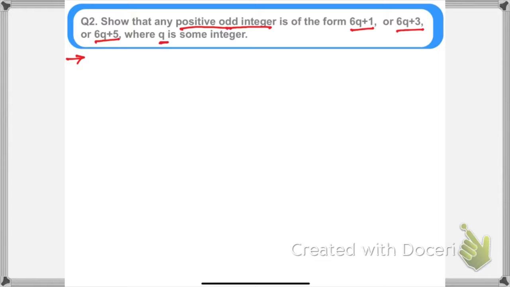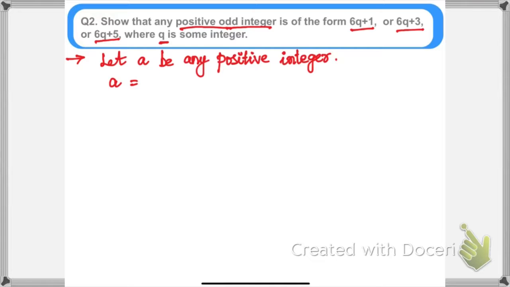We'll consider a as any positive integer. Let a be any positive integer, and since we know that a is equal to bq plus r by Euclid's division lemma.